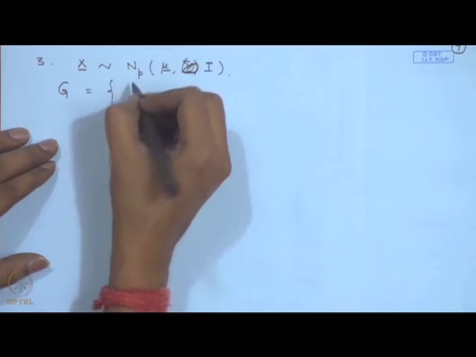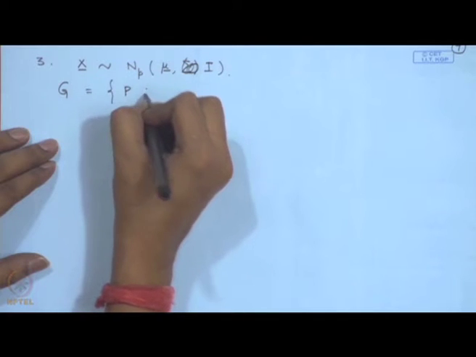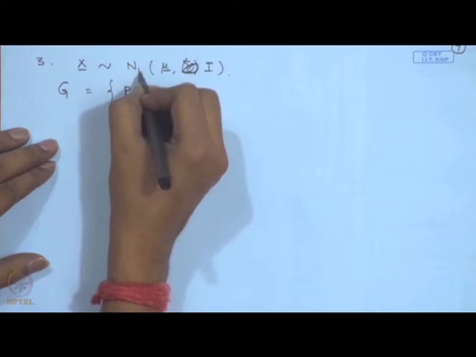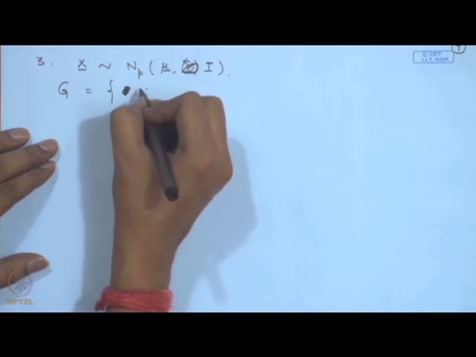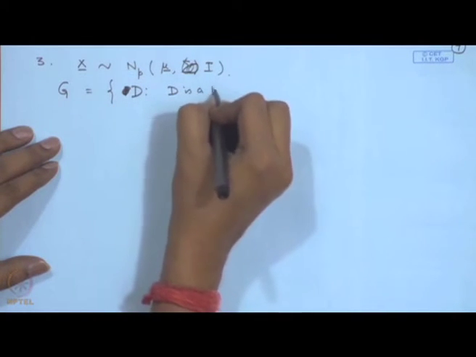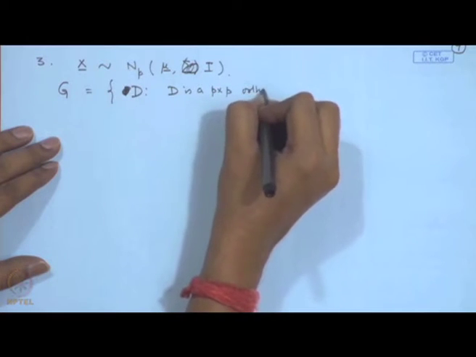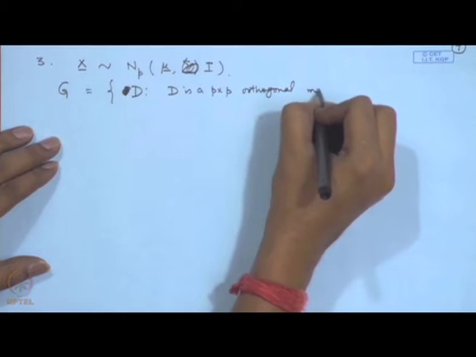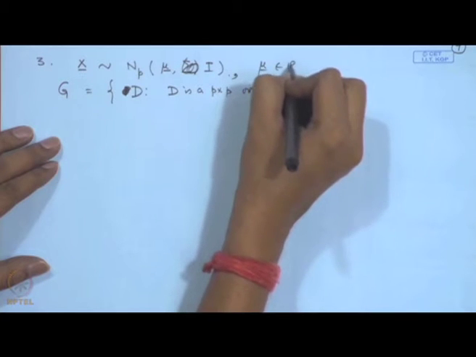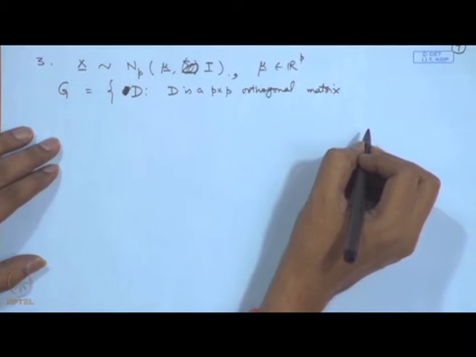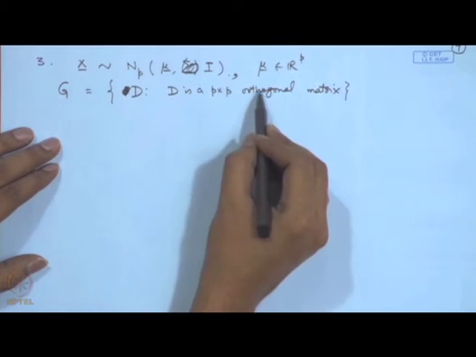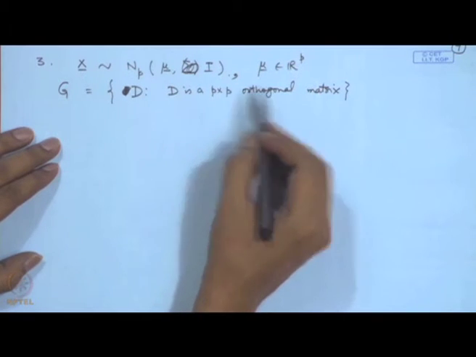I consider the group of p by p dimensional, let me use some other notation, say D, where D is a p by p orthogonal matrix. Here mu is a p dimensional vector in the p-dimensional Euclidean space, and I consider the group of transformations as the group of all orthogonal matrices.